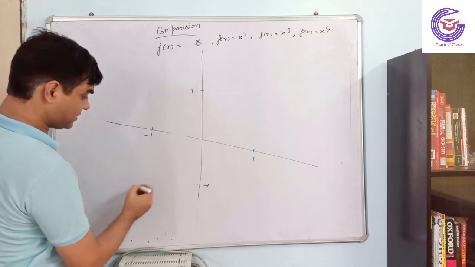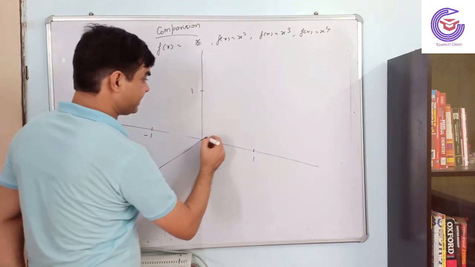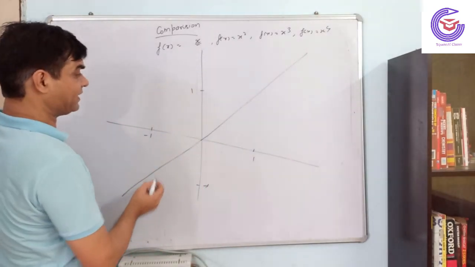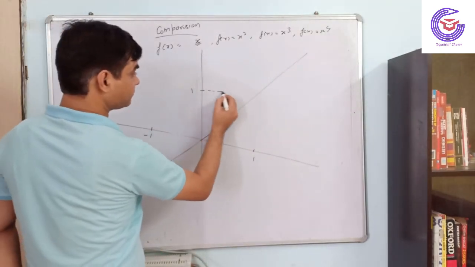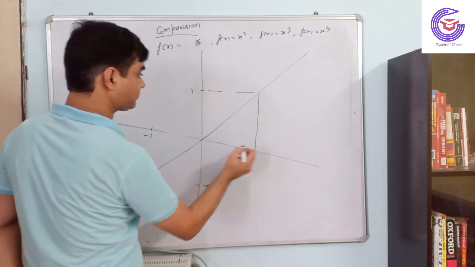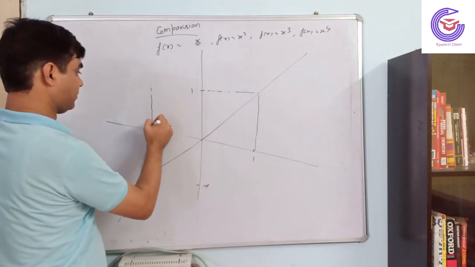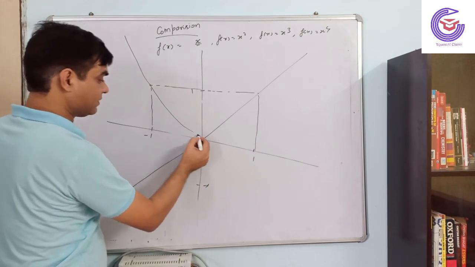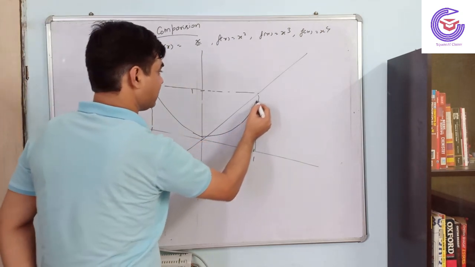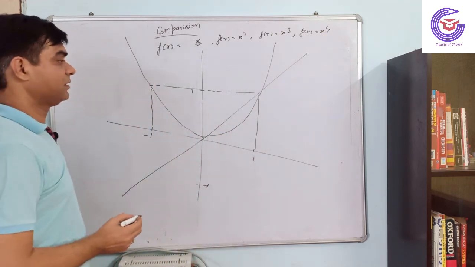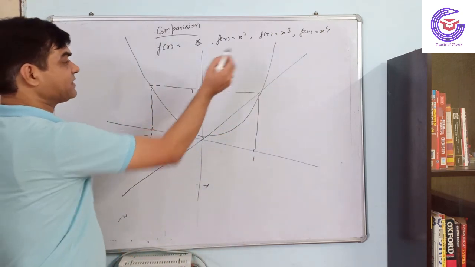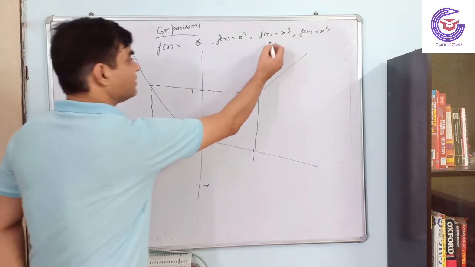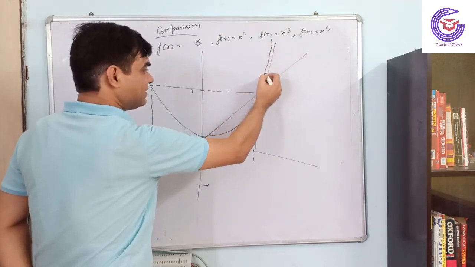So for the first function, the graph is a straight line. In case of the second, f(x) is x square, this is something like this. f(x) is equal to x cube will look something like this.